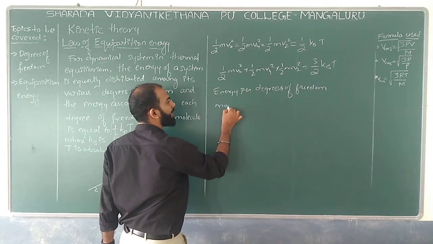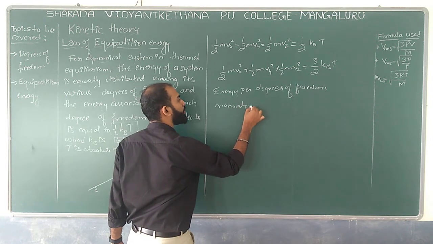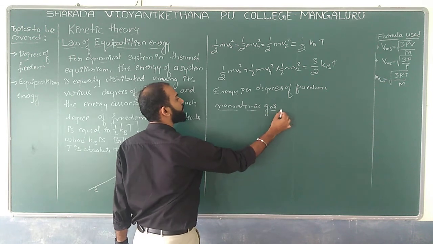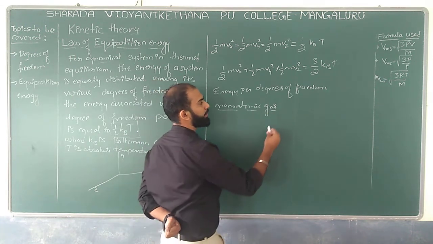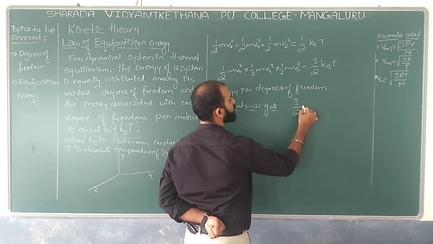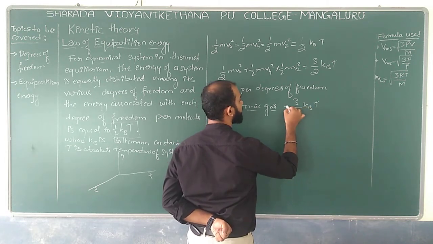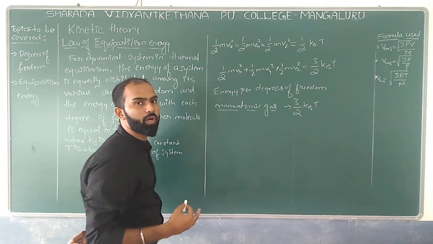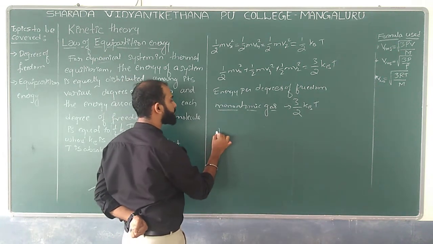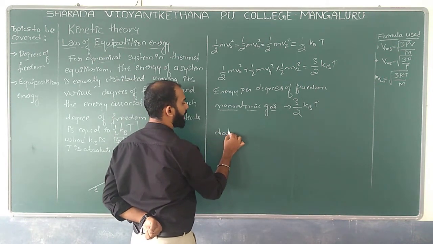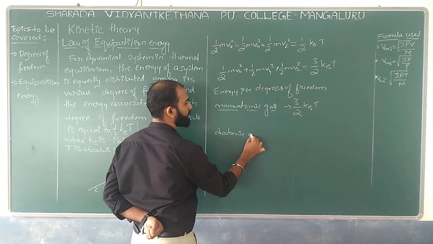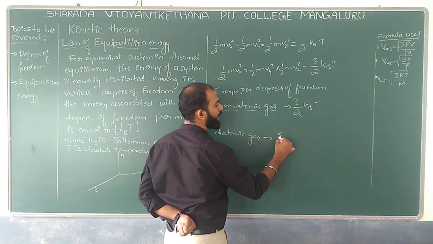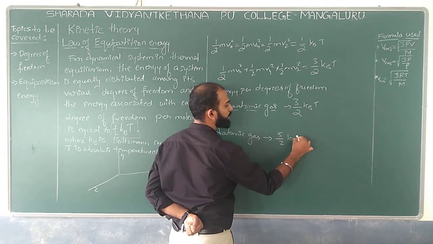For a monatomic gas, it is 3 by 2 kBT. Similarly, for a diatomic gas, it is 5 by 2 kBT.